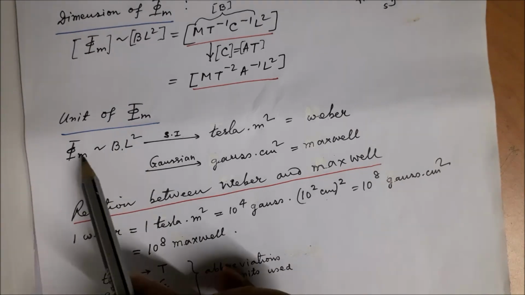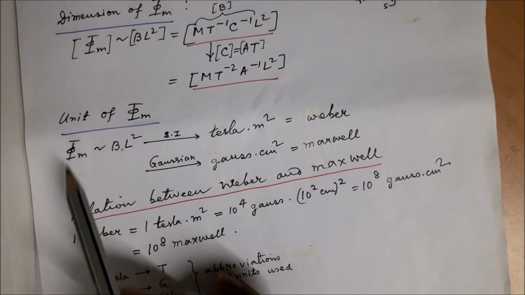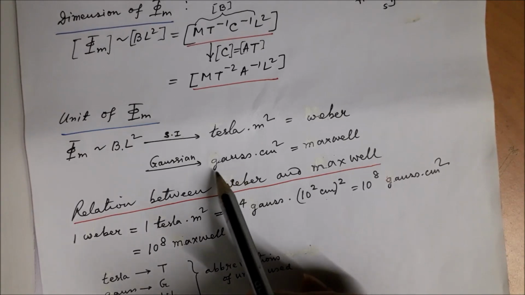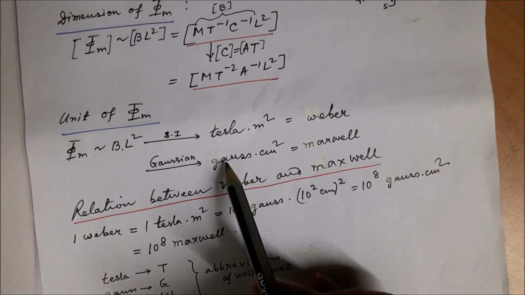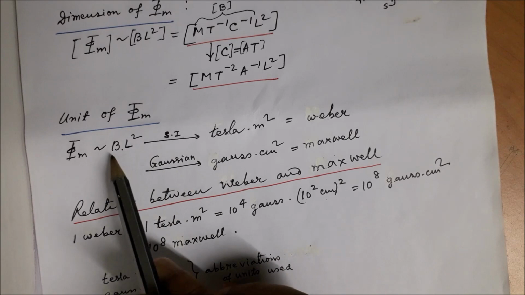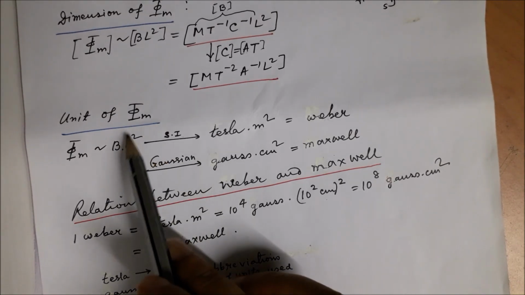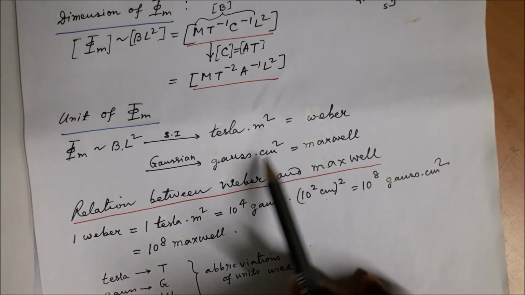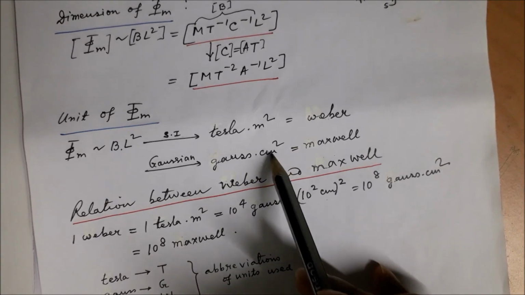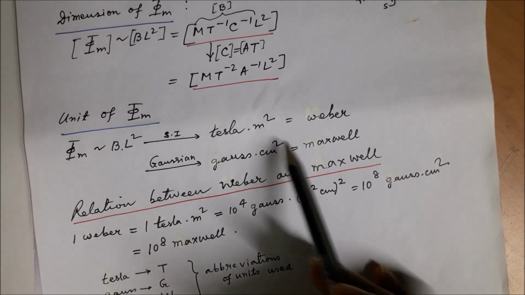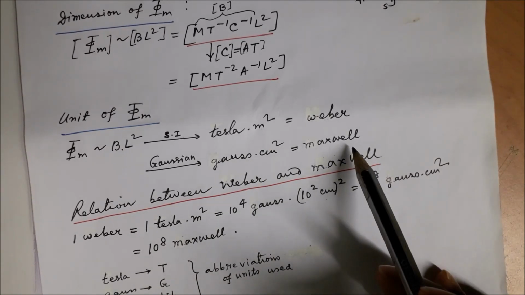The Gaussian unit of magnetic flux is similarly found to be Gauss, the Gaussian unit of magnetic induction, multiplied by the unit of area, which is centimeter square in the Gaussian system. So Gauss centimeter square, this combination of units is referred to as Maxwell.